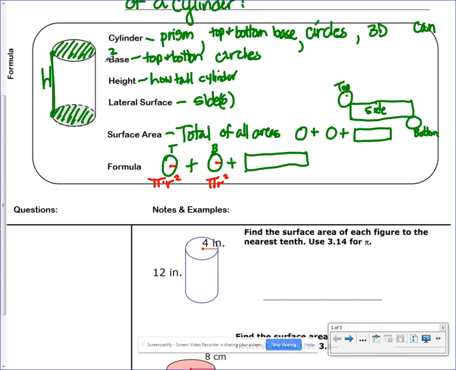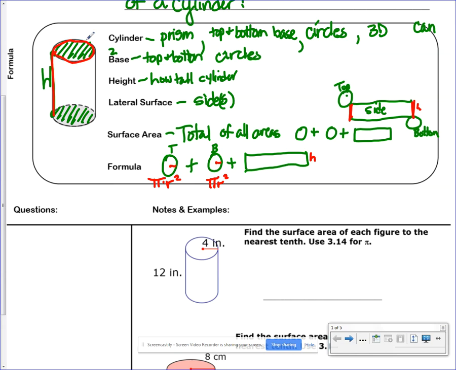I need you to envision where this rectangle came from. This side here is the height of the rectangle, or the height of the cylinder, I should say. So that gives you the H. I'm going to put a letter H next to this rectangle. Now we have to talk about the length. This is the edge that wraps around the cylinder.